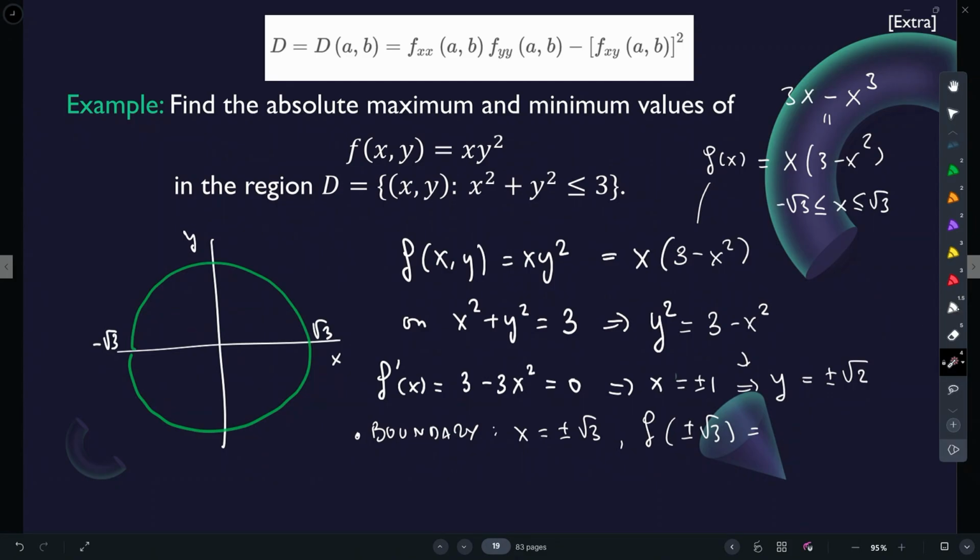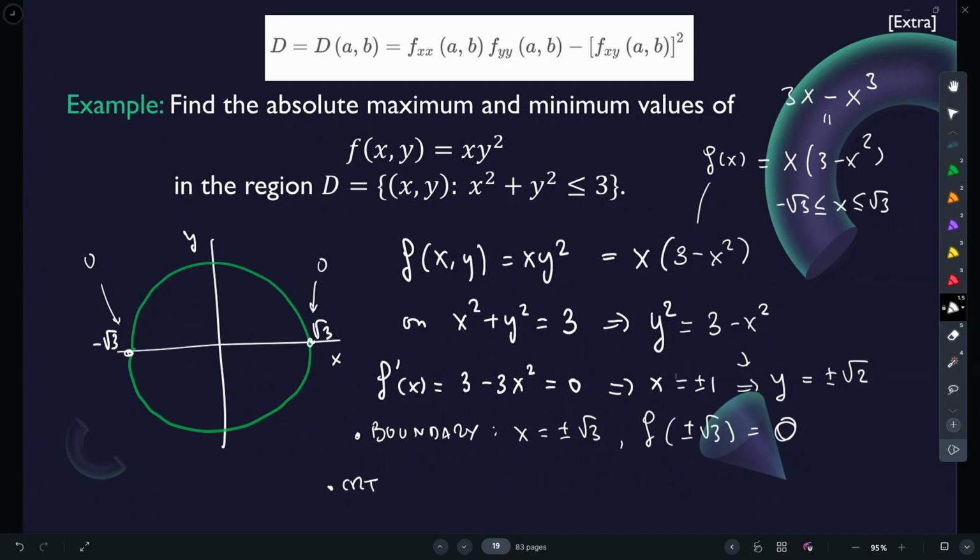So the value is 0 at those points. Okay, so that tells me that here the value is 0, here the value is 0. And then I need to figure out what is the value at the other critical points.